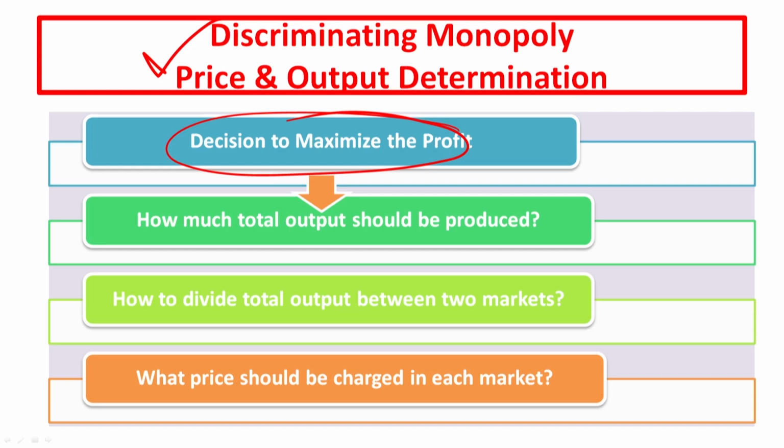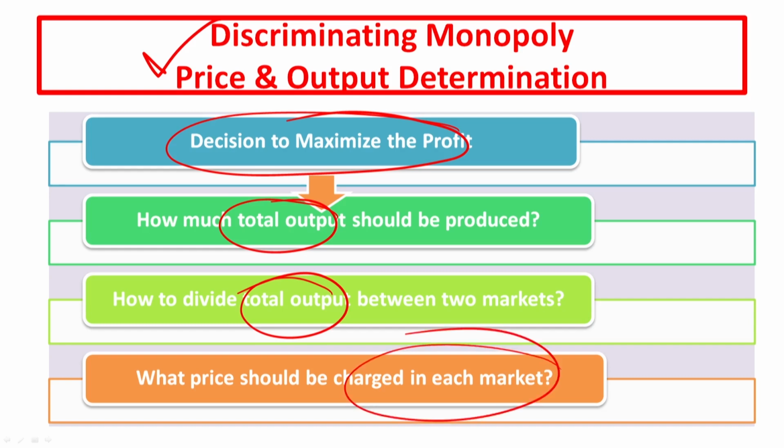The first one, how much total output should be produced. That means overall production that needs to be done by the monopolist. The second, how the total output will be divided into two markets. Here for consideration, we are considering only two markets for the product. Then what price should be charged in each market.